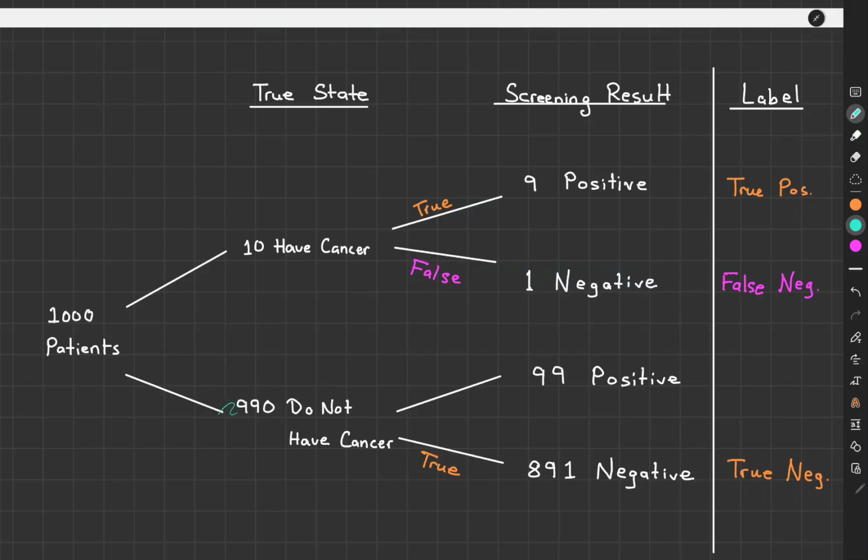Or they may be coming from the group which is cancer-free, and they may get falsely identified as being positive. This is your false positive. So this is your type 1 error group, and right here is your type 2 error group in pink.